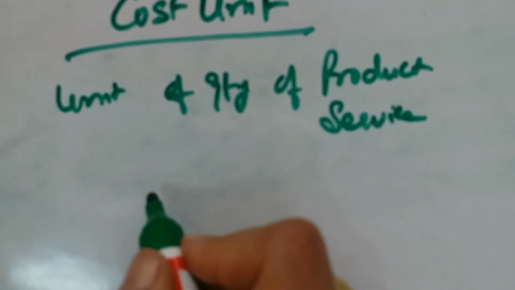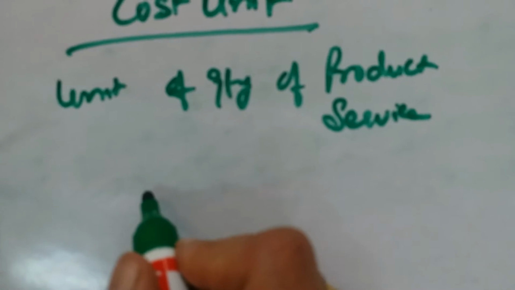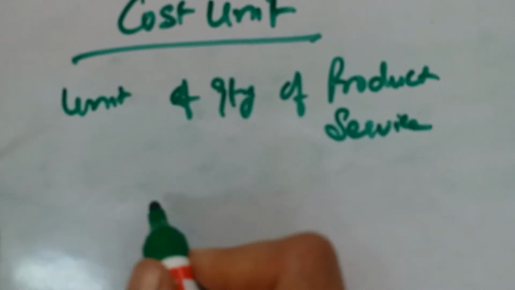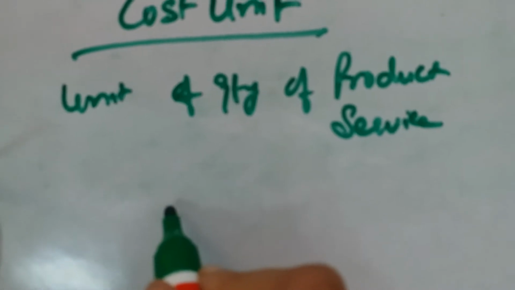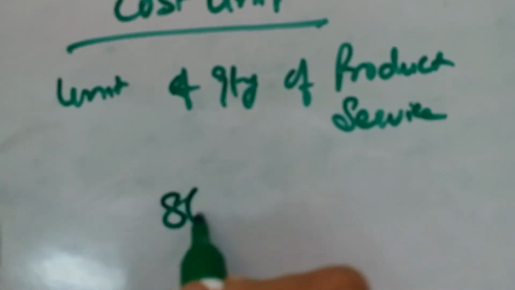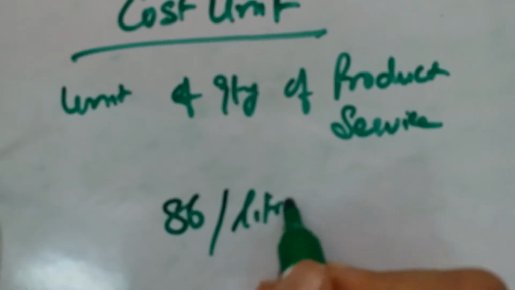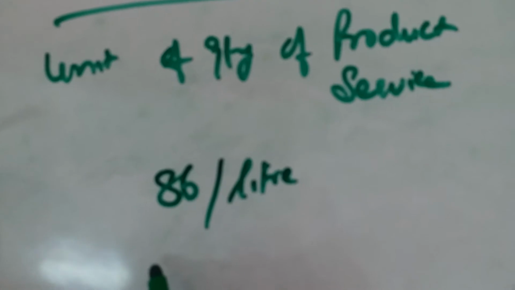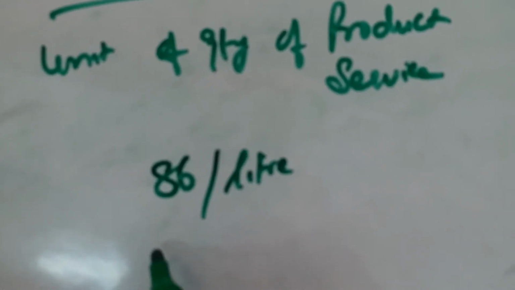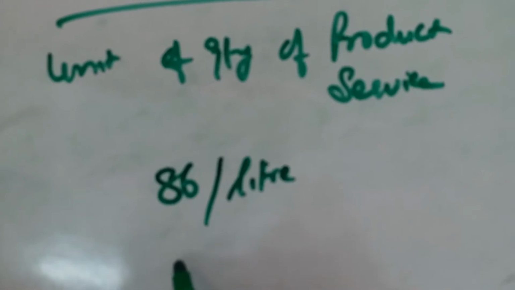If we say it in a simple way, when we go to a petrol pump in order to get the tank of our vehicle filled, how do we pay? They say 86 rupees per liter. When we go to the market to purchase, let's say, vegetables, how do we pay?